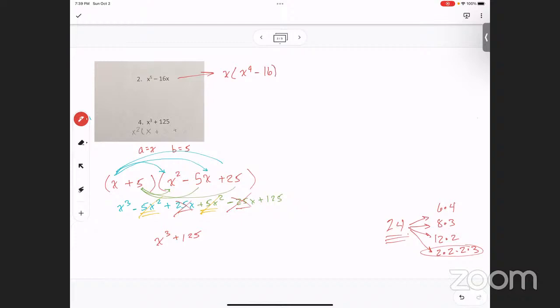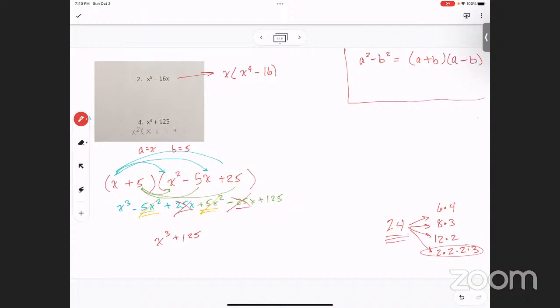Now I'm going to write a formula up here. This one is a little bit more familiar for most people. a squared minus b squared. What does that factor into? Do you remember? a plus b and a minus b.